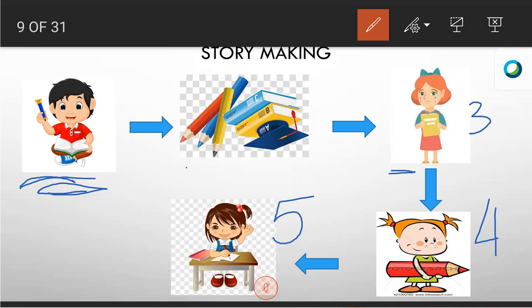Can you type in the chat box? Make it fast. Shaheen ma'am, did everybody type their answers? They typed 2. Okay, very good. Those who typed 2, very good, my dears.